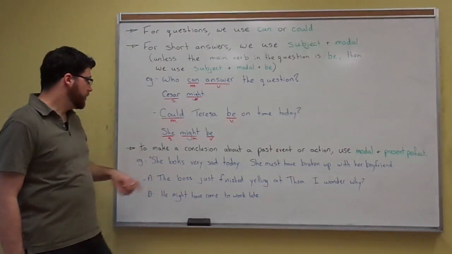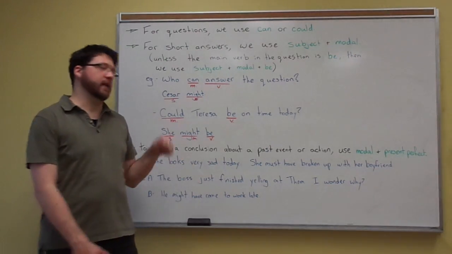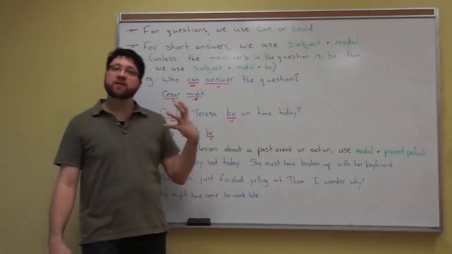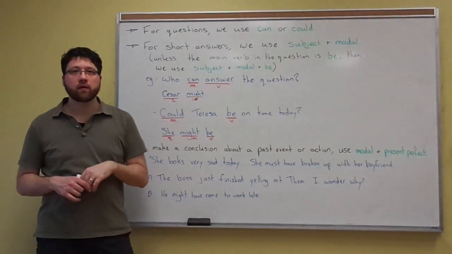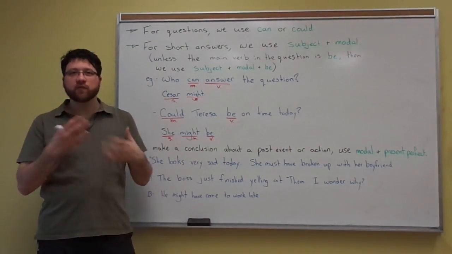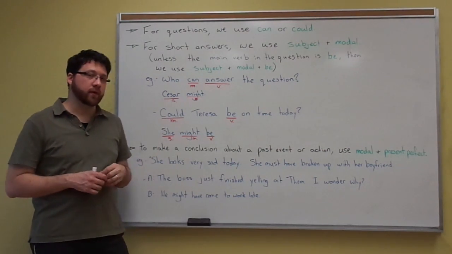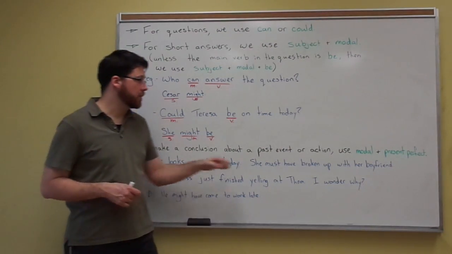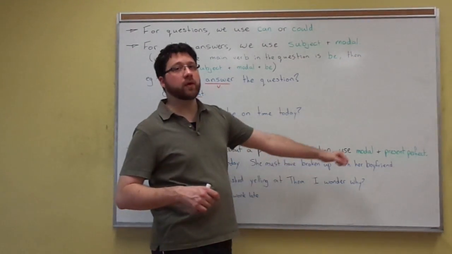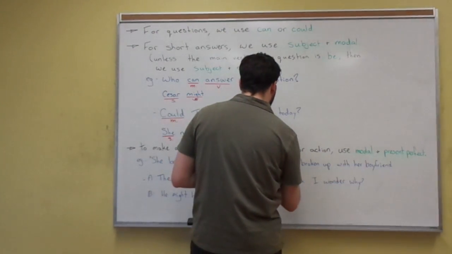Okay, so, for example, our first example, she looks very sad today. And now we don't know why. Maybe we spoke with her yesterday and she explained some things to us, but we do not know 100%. Our conclusion is in the present perfect form. She must have broken up with her boyfriend. Must, again, is the modal.